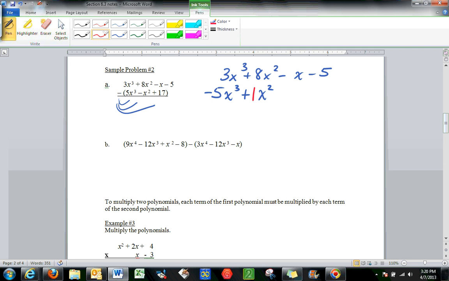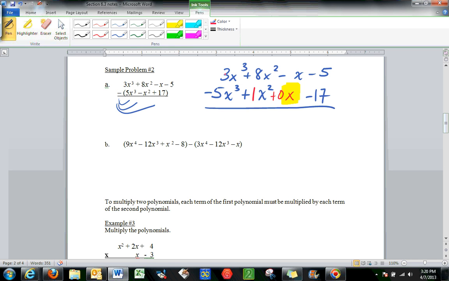Keep in mind that's understood 1. I do not have an x term, so then that's going to give me a negative 17. Notice I've left a little gap there where the x term should be, so that just basically is going to be represented by a 0x. That's extremely important as a placeholder.